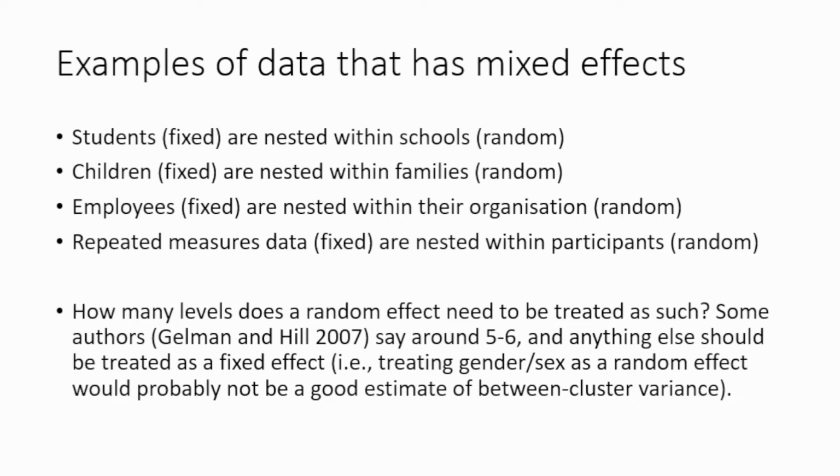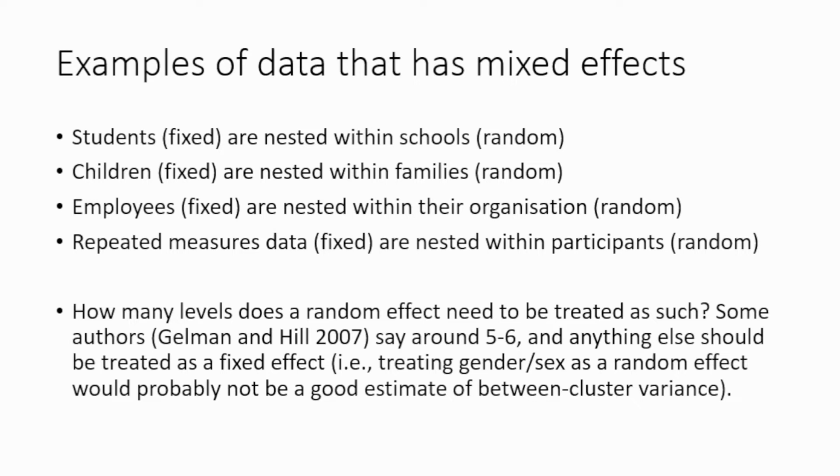Repeated measures, which would be fixed, are nested within participants, which have random idiosyncrasies. We want to cancel out the sample-specific random effects of schools, families, organization, and participants, or at least account for them in our model.